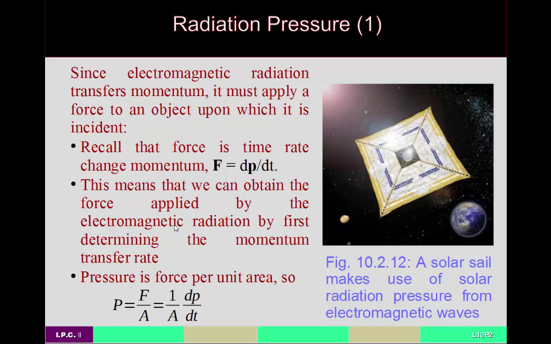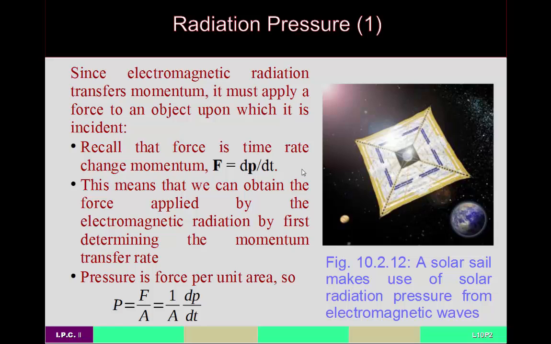So force, in turn, can be rather small when we're talking about individual photons. And so one way of measuring force for photons, or for that matter for any kind of fluid that is incident on an object, is to measure the pressure exerted. So pressure is force per unit area.